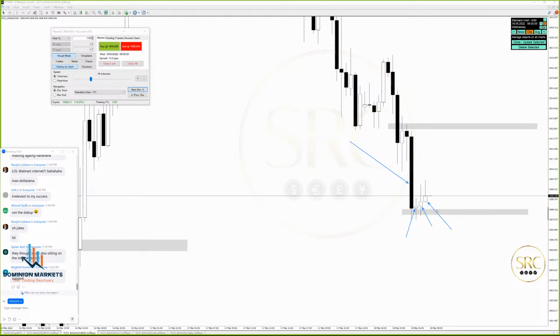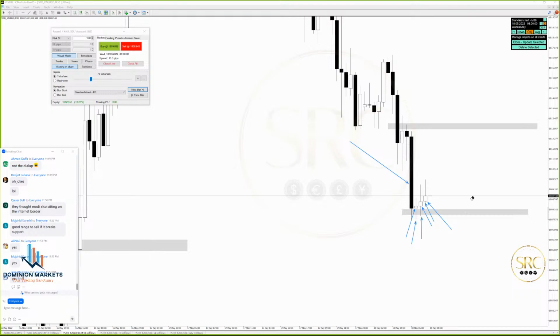And what are we doing over here? Are we making higher highs and higher lows? I think so. And the bodies of the candles are also getting bigger here slowly, right? Do we agree with that? This was a low, this is a higher low, this is a higher low. Bodies of the candles are also getting bigger.